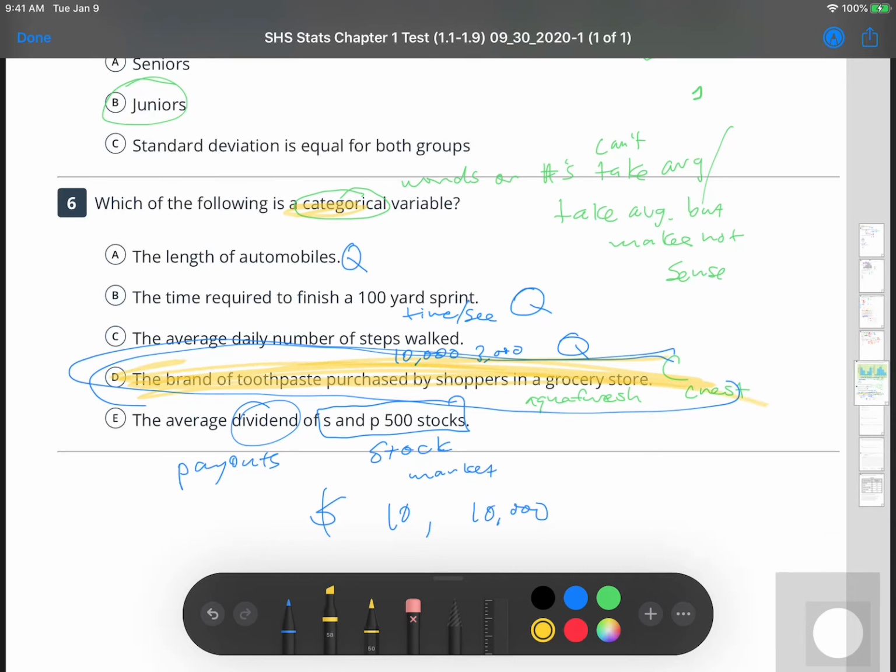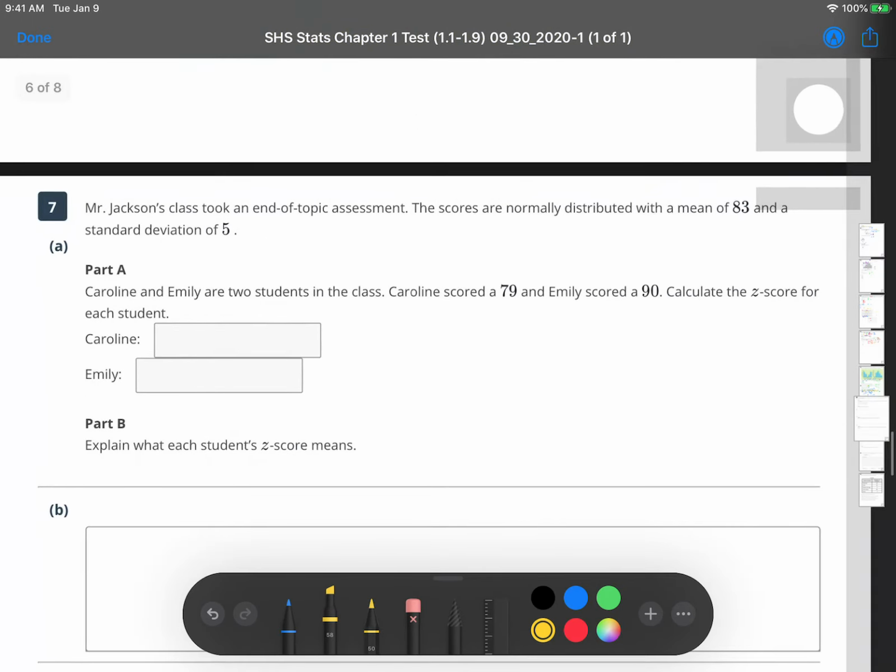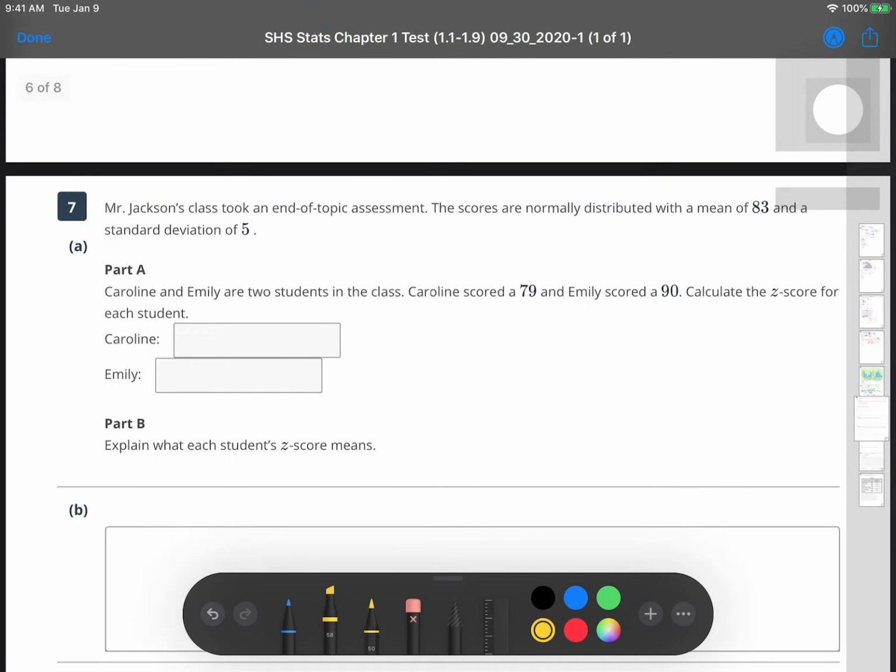Okay, number 7. Mr. Jackson's class took an end of the topic assessment. These scores are normally distributed with a mean of 83 and a standard deviation of 5. Part A, Caroline and Emily are 2 students in the class. Caroline scored a 79 and Emily scored a 90.